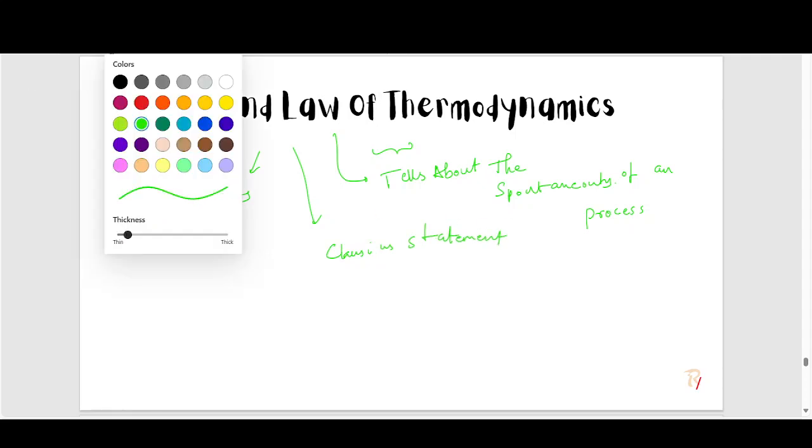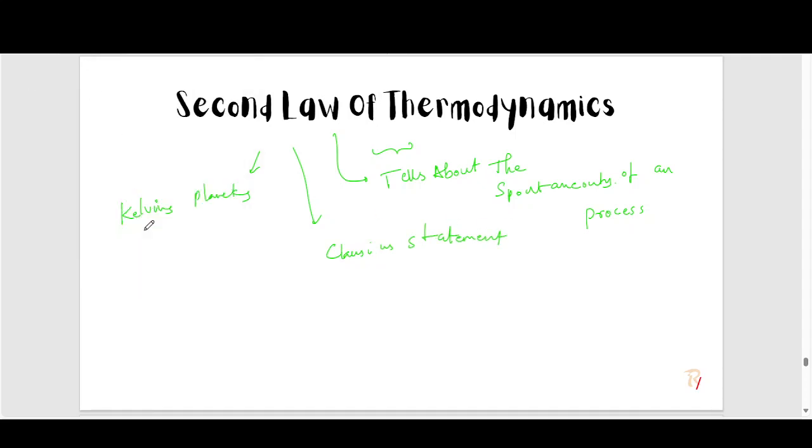According to Kelvin's statement, 100% efficiency is not possible here.